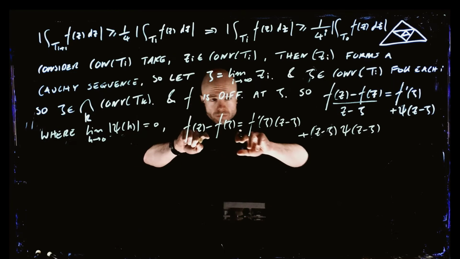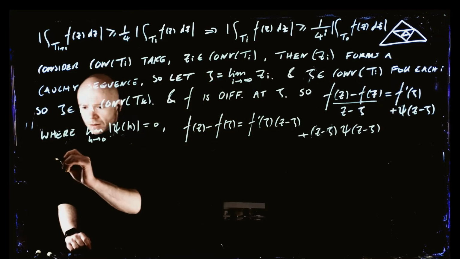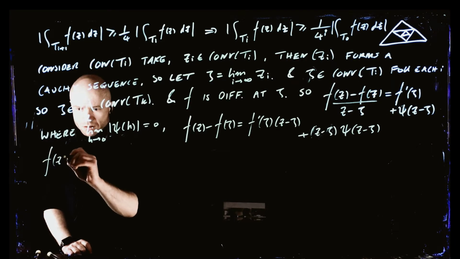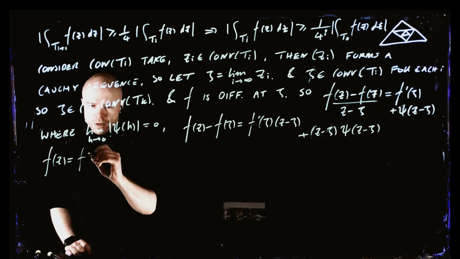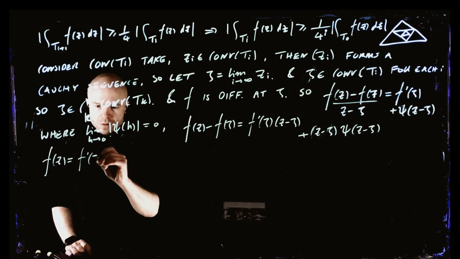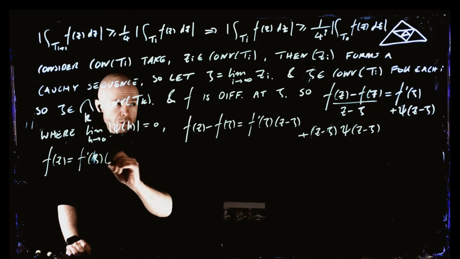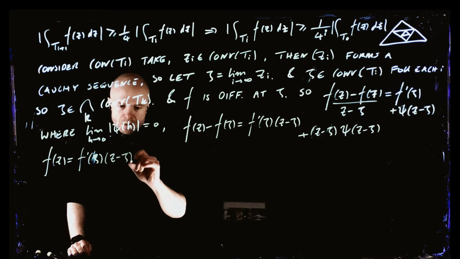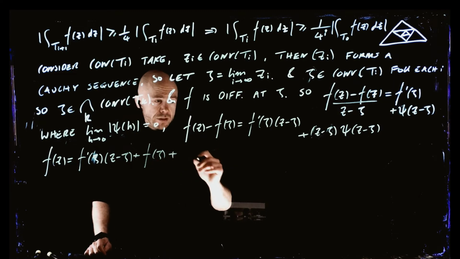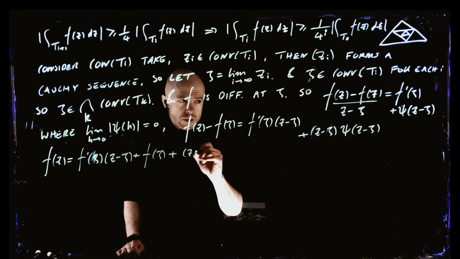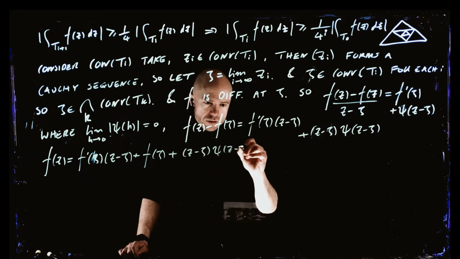And what does that say? Well, let's put it completely on this other side. Let's write this. This is f prime of zeta times z minus zeta plus f of zeta, and then this error term here, z minus zeta phi of z minus zeta.